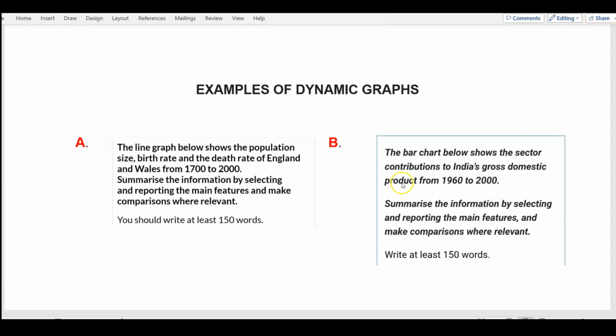Now let's check the next question. The bar chart below shows the sector contribution to India's gross domestic product from 1960 to 2000. You can see here that this one is also bordered between two lines, 1960 to 2000, so it has two different time periods. Sometimes it's not that wide, and they might not be years.